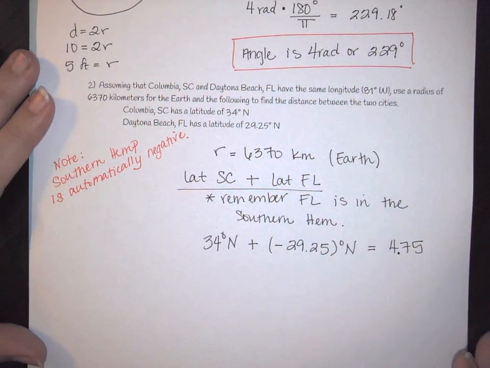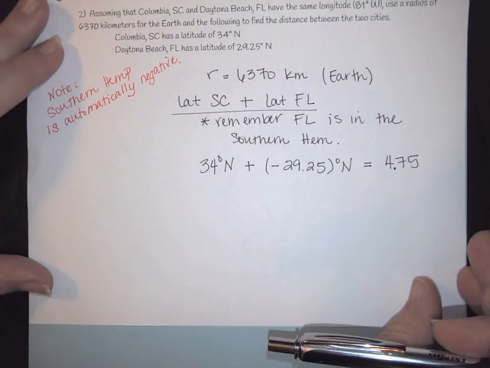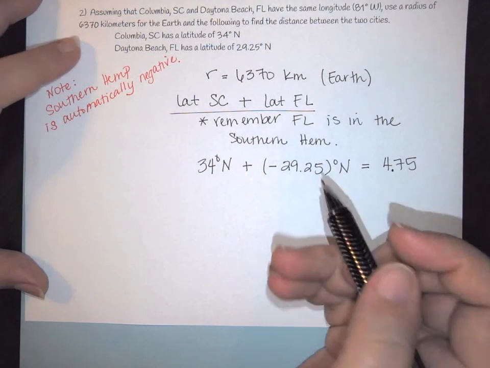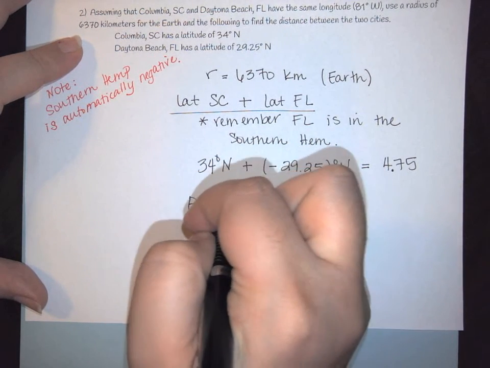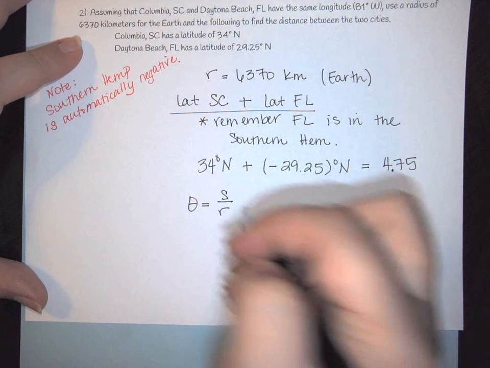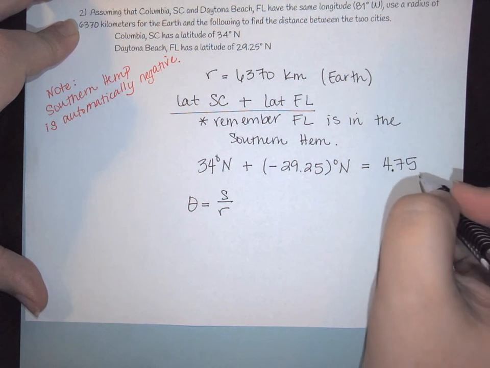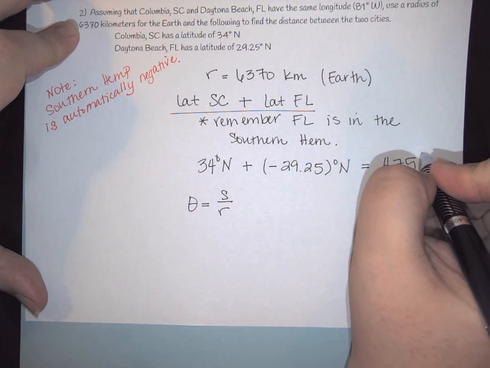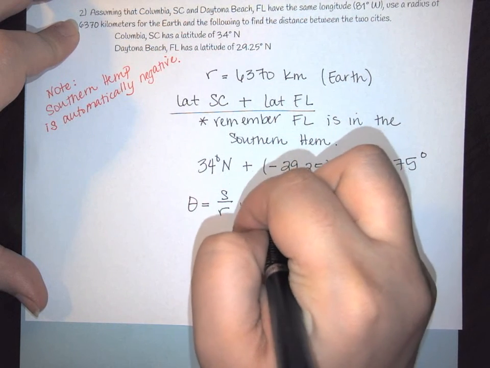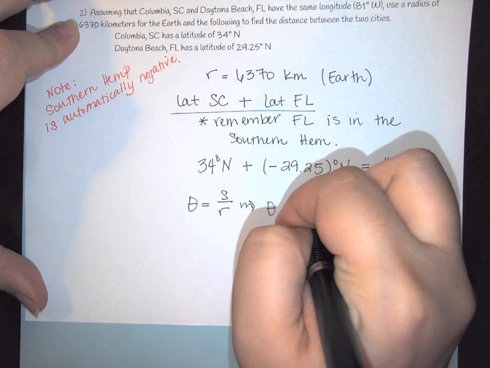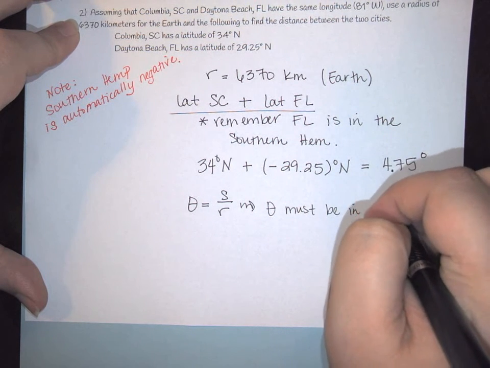Now the last thing we need to do is we need to be able to calculate our theta. So if you remember, your theta is going to be S over R. But in this case, what we're dealing with here is degrees. And remember, theta must be in radians.